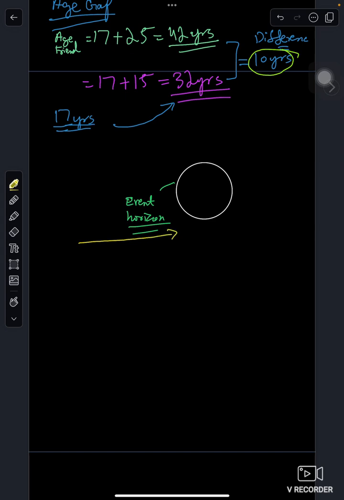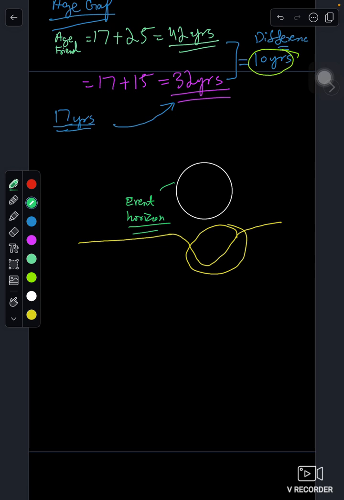Because it reaches the black hole and the gravitational field is dense, the light will curve. This can also be the same as time dilation, distortion.